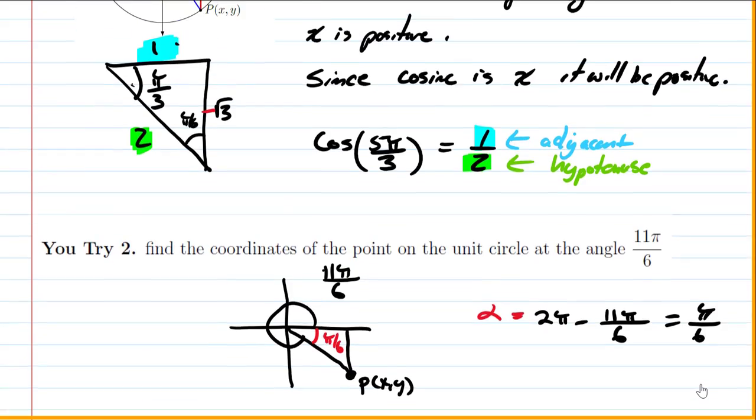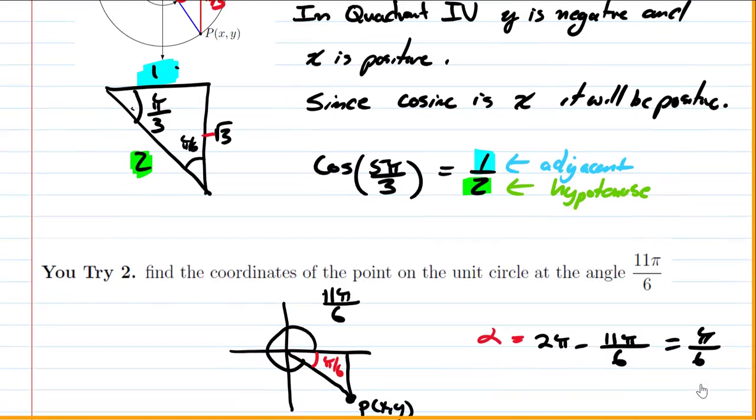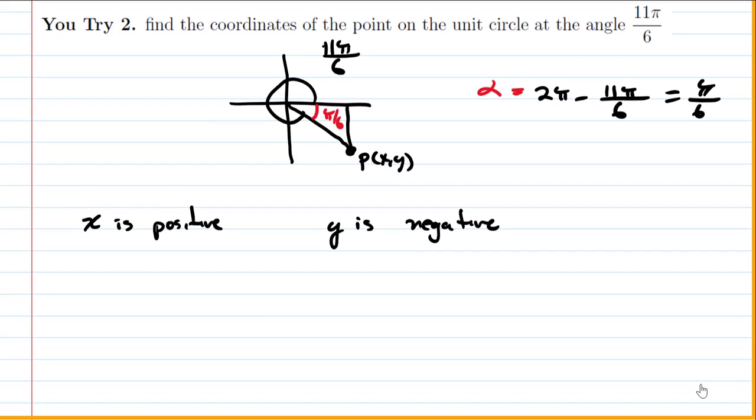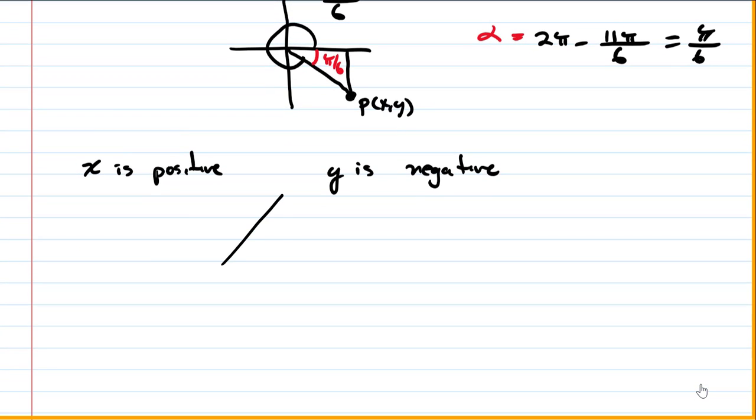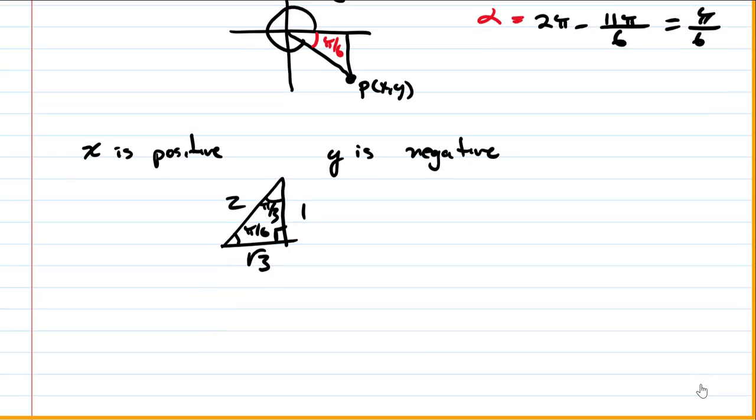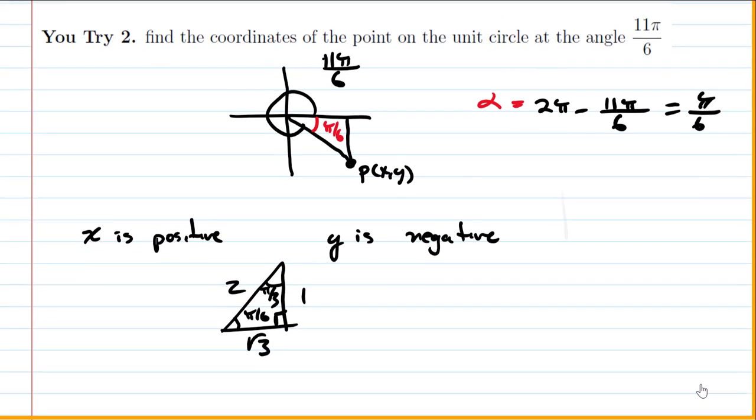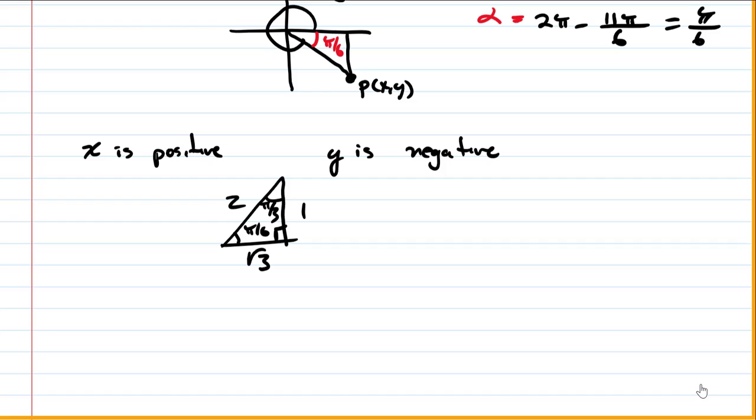So then, using our same reference triangle that we used above, we have once again our 30, 60, 90 right triangle. So pi over 6, pi over 3, and 90. So that's going to be our 1, 2, square root of 3. So x is going to be our cosine. So our cosine of pi over 6 is going to be root 3 over 2.